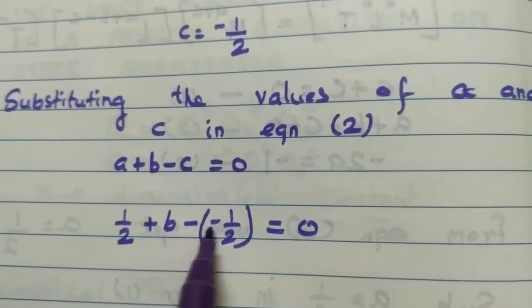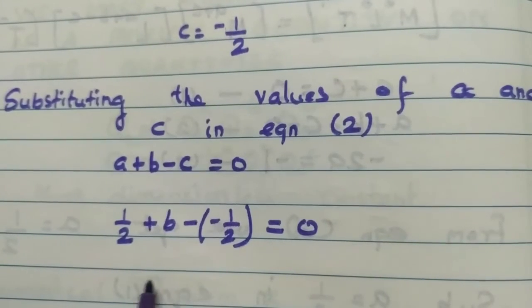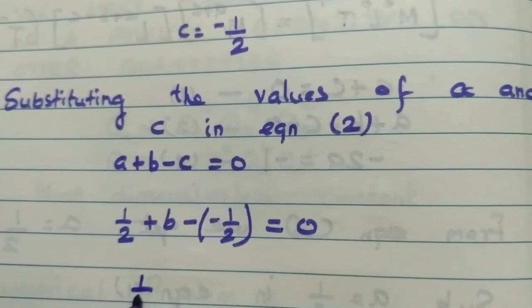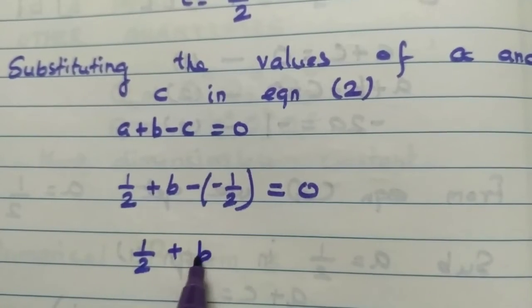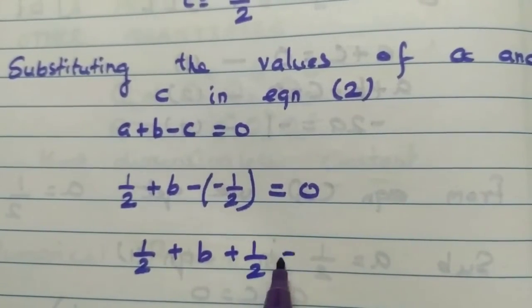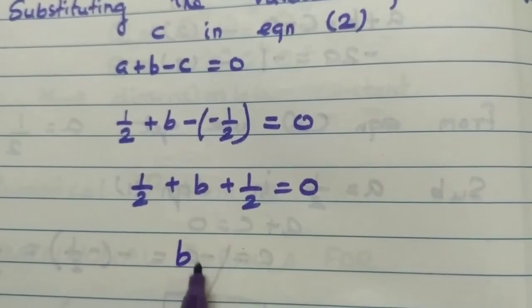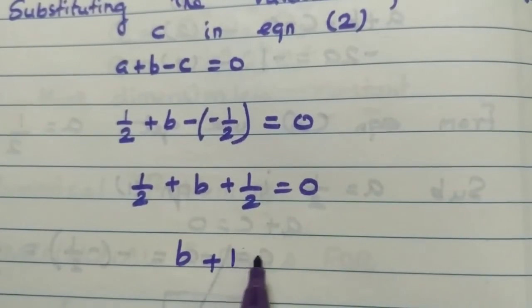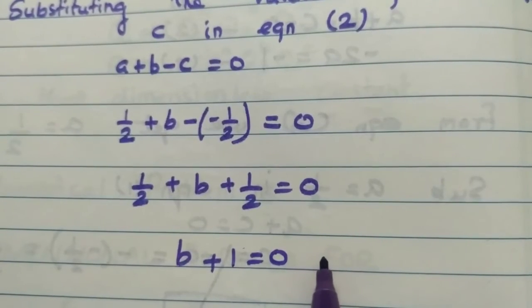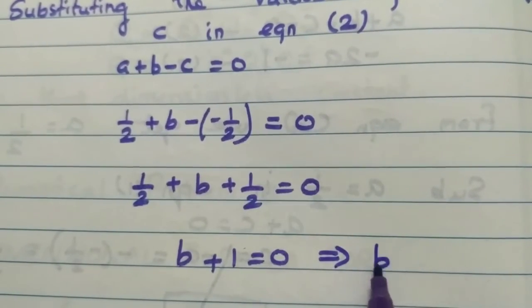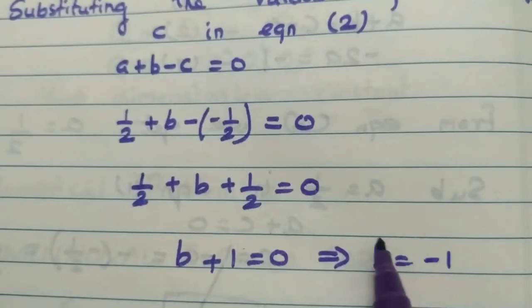Okay, now what is minus of minus? It is plus. So 1 by 2 plus B plus 1 by 2 equal to 0. That is B plus 1. Half plus half is 1. B plus 1 is equal to 0. So we get B is equal to minus 1.